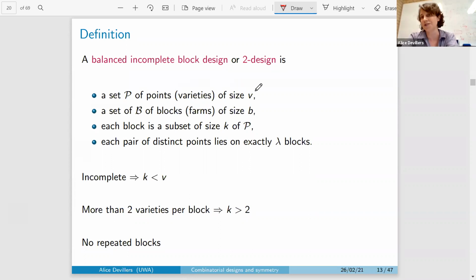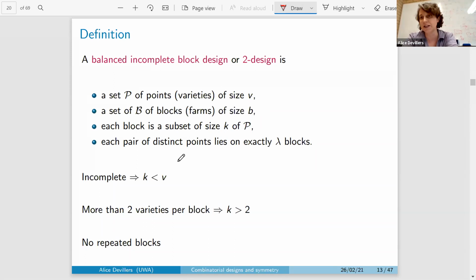We still use the letter v for the number of points, because it comes from the word variety. Then a set of blocks of size b, where each block is a subset of points of size k. And the defining property is that we want each pair of distinct points to lie on exactly lambda blocks. So we've got 4 parameters: v, b, k, and lambda.